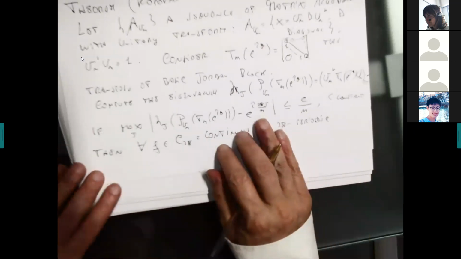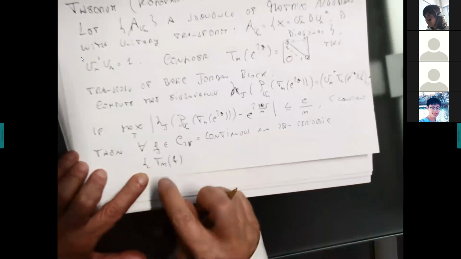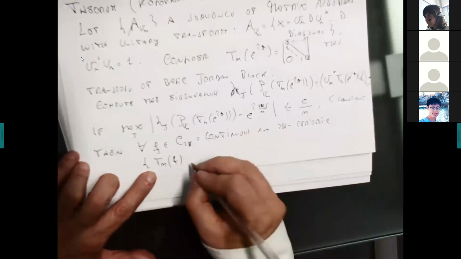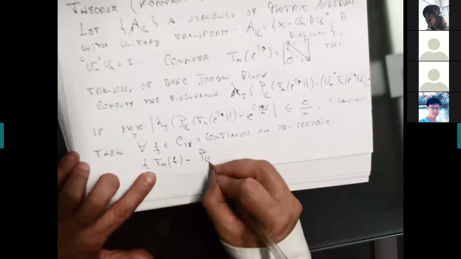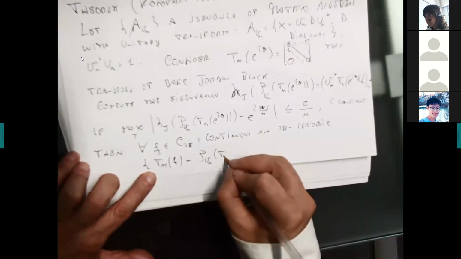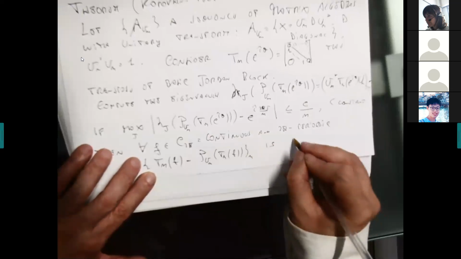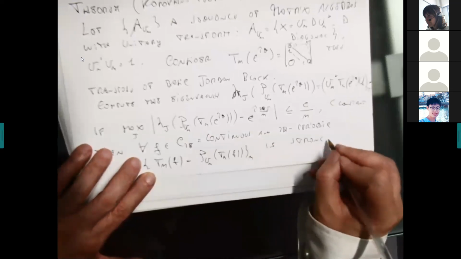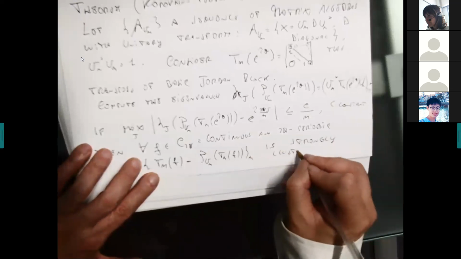you have the following: Tn of f, the matrix that we want to approximate, minus the preconditioner P_Un of Tn of f, is strongly clustered at 0.